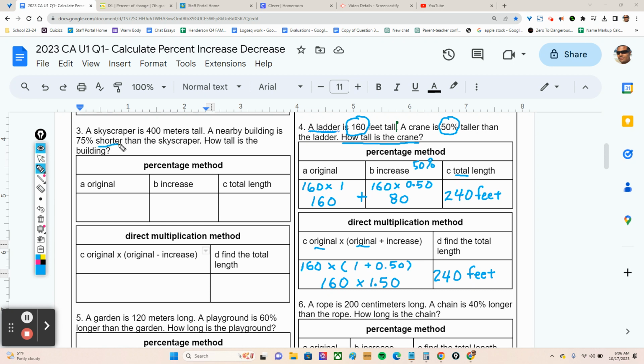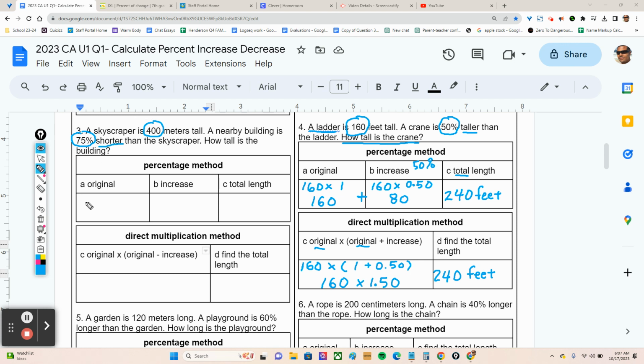It says shorter, so down here we would subtract instead of add. So we probably want to underline that word, because it's an important piece of information. A skyscraper is 400 meters tall and a nearby building is 75% shorter. How tall is the building?